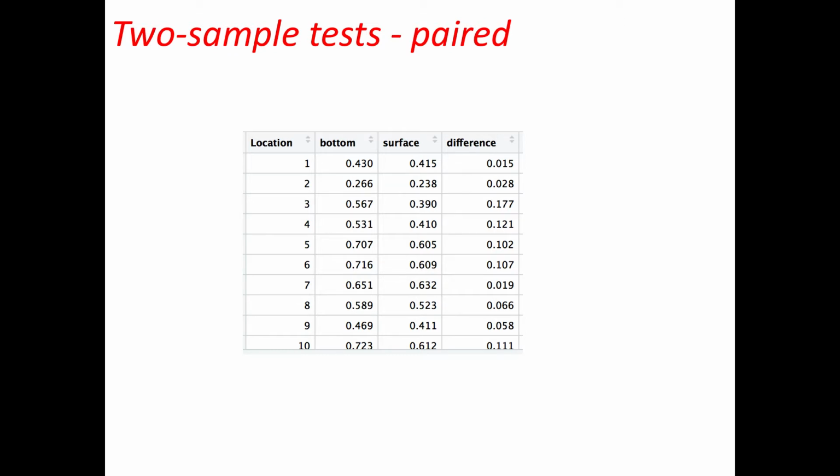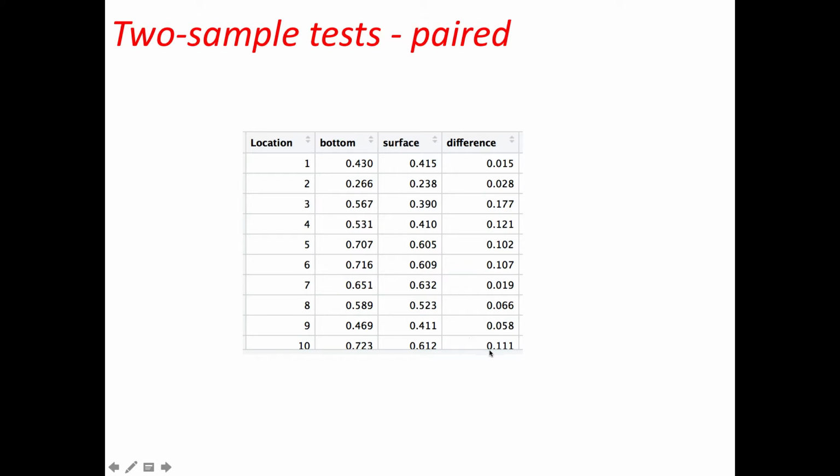This is actually zinc concentration that these data come from. 10 pairs of data were taken measuring zinc concentration in the bottom water and the surface water at 10 different locations shown here. So these are samples taken at the bottom of the water column and the surface of the water column at these 10 different locations. This measurement comes from the same location as this one, so they're paired together.